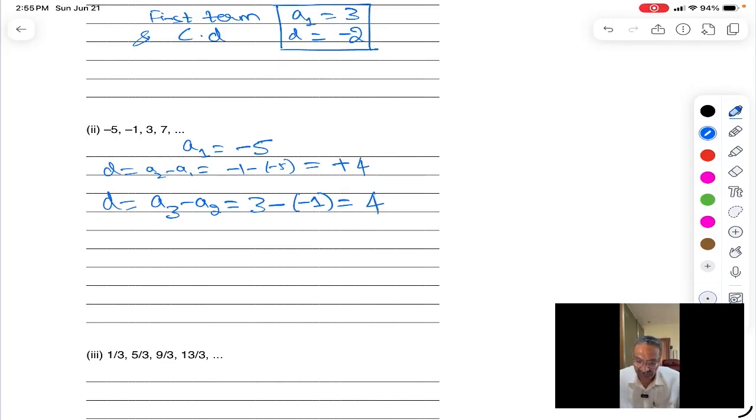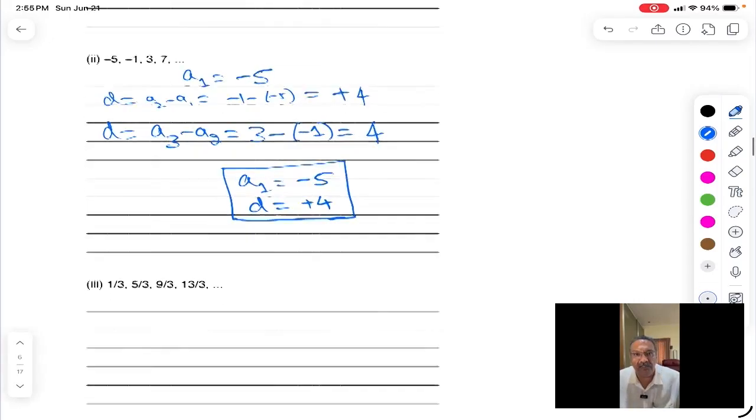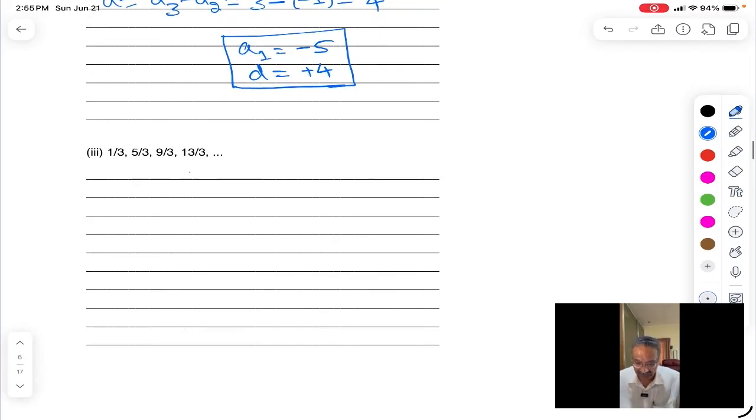So 3 plus 1 becomes 4. You have to be very careful here with minus signs. So the answer is a1 is equal to minus 5 and common difference d is equal to plus 4. I once again repeat, be very careful as far as minus symbols are concerned.